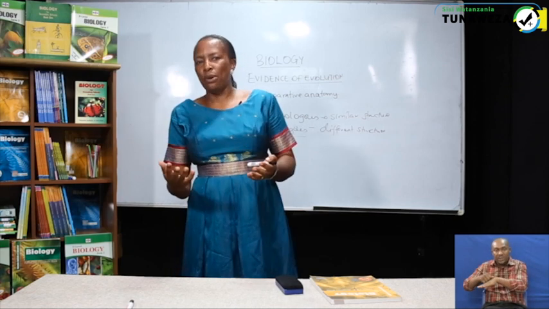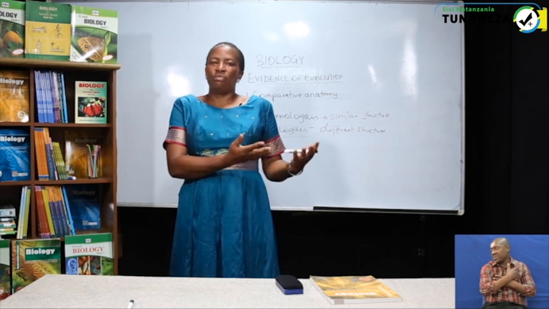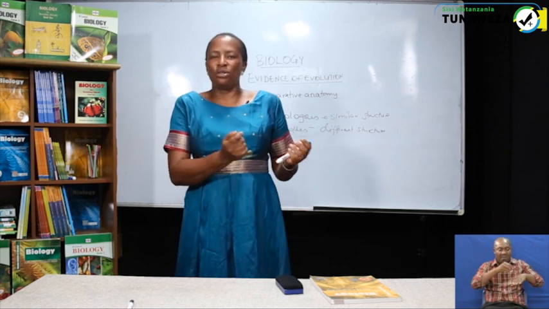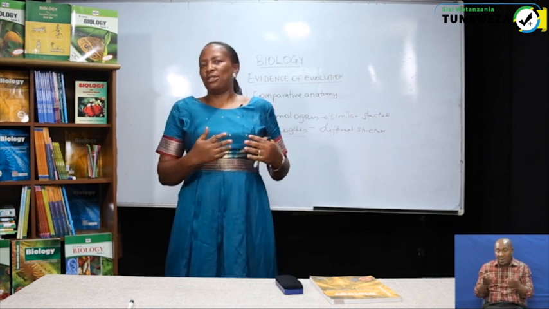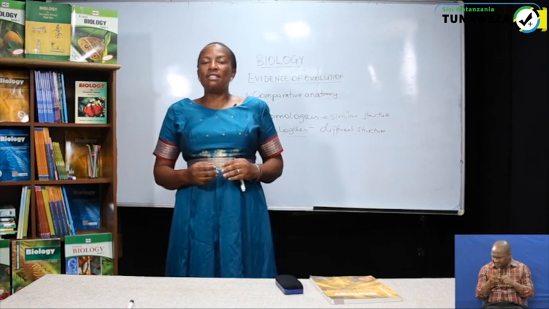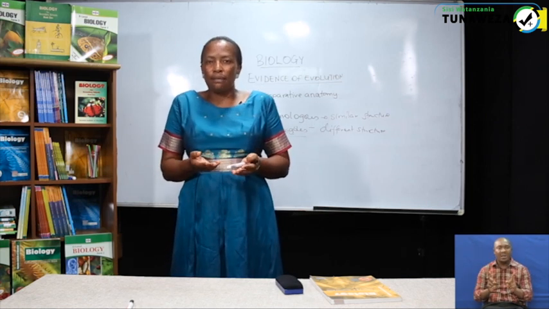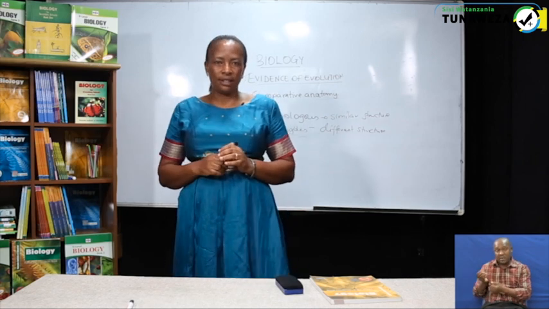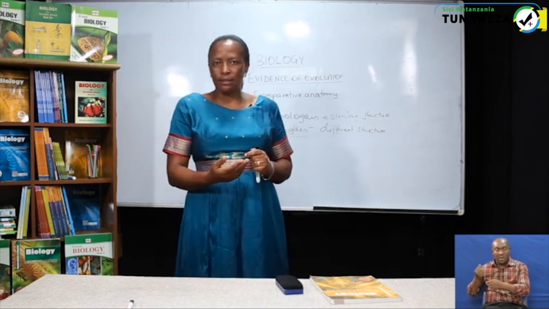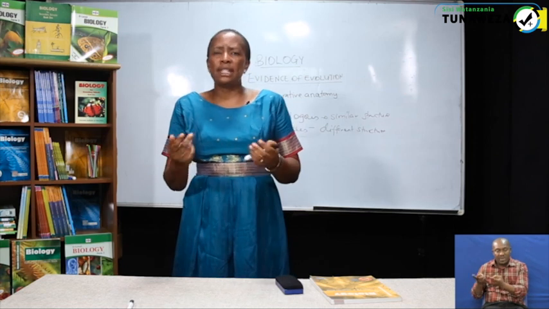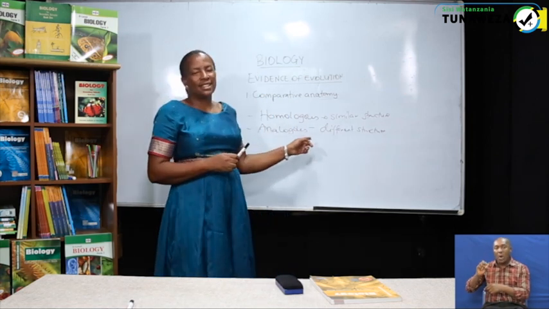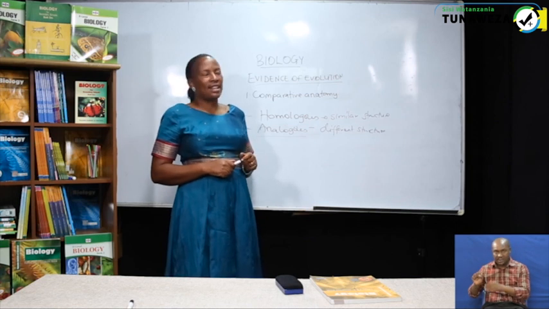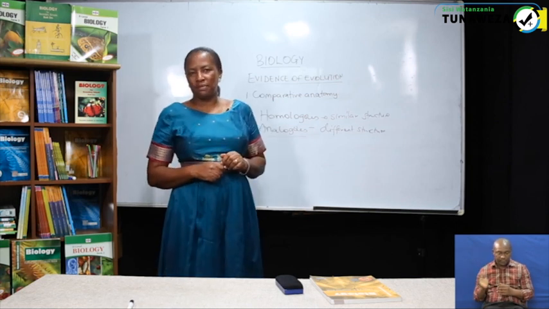Wings of bird have bones, but those of butterfly do not have bones. Birds have feathers, others do not have feathers. Even when you are looking at them, they are completely different. But they help these organisms to perform similar function. This is called analogous structure. That is the evidence number 1.